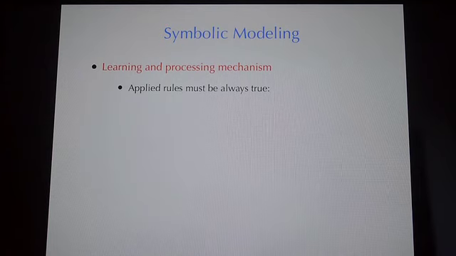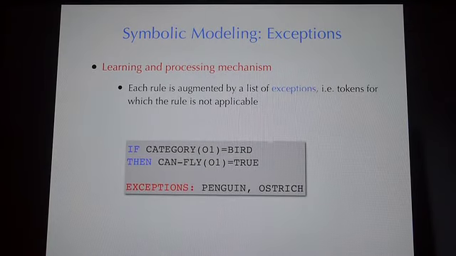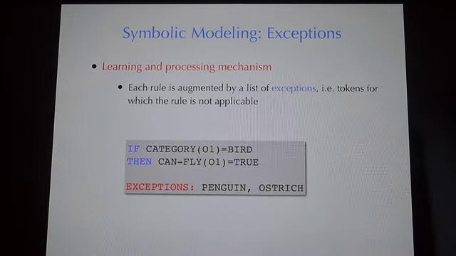Now, when you form a logical rule, this rule, the way the model understands it, has to always be true. So if you have a rule like this, if an object belongs to the category bird, then it must be able to fly. This rule in most cases is true, but we all know that there are exceptions to this rule. There are birds such as penguins and ostriches which cannot fly even though they belong to the category bird.